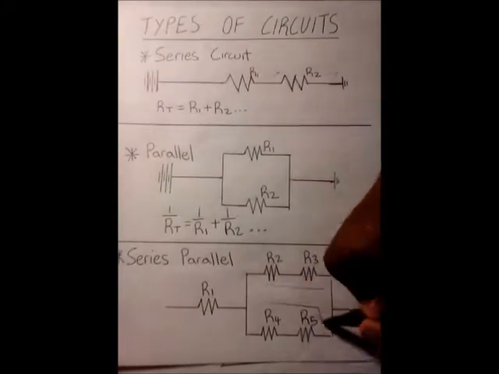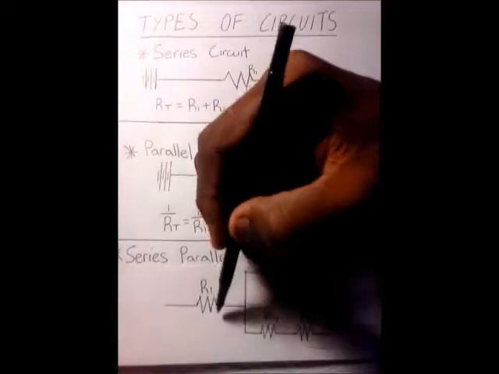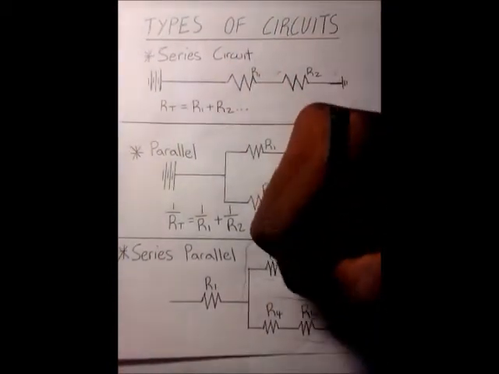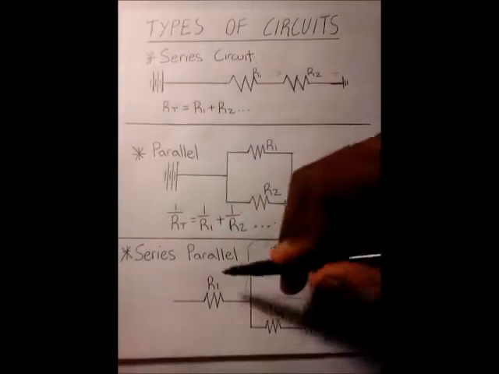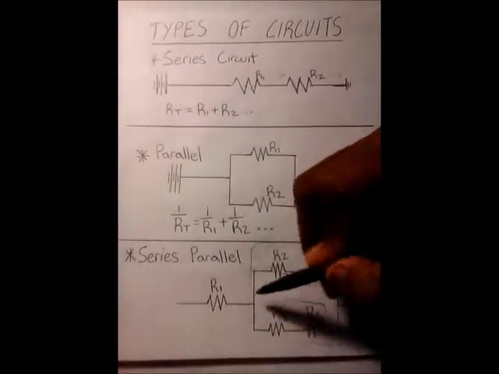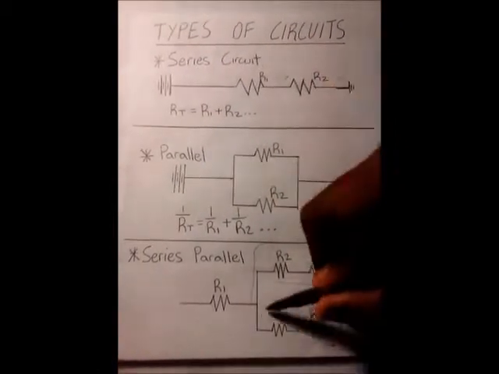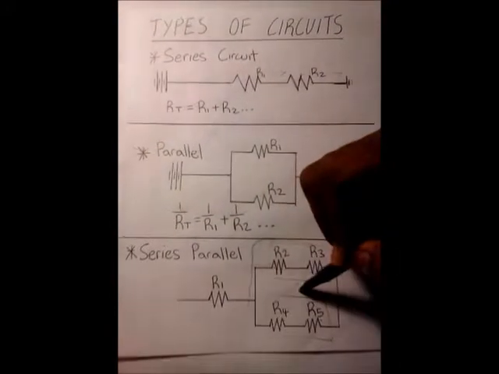Here, you'd have a next series. But guess what? If you know the total resistance of here, this plus this will be a series circuit if you look at it that way. So this is series, and this as a whole plus this is series.